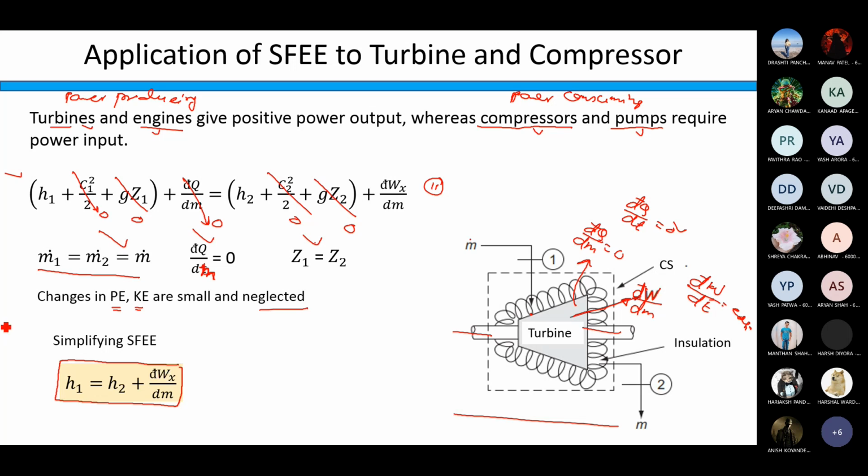The same equation is applicable for the compressor and pump as well, but in the reverse sense. When you apply this equation, let us say you know H1 and H2, then for a turbine you will get this term as positive, but for a compressor and pump the same term will become negative because you will have to give input work to this device. So note down this equation. Now can I go to the next slide?